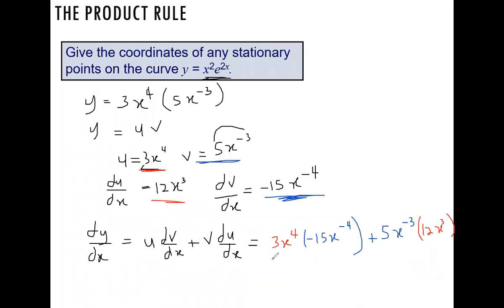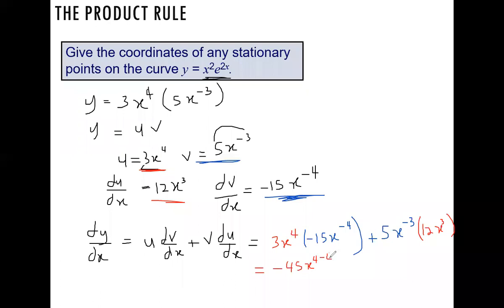Good. So when we simplify this, this will give us what? 3 times 15, which is minus 45. So we have minus 45 x raised to the power 4, okay, times x raised to the power -4, okay? Per the rules of indices, you take just one base and add the exponents, okay? Good. So that gives us x raised to the power 4 minus 4, which will be 0. Okay, let me just write that for the meantime.